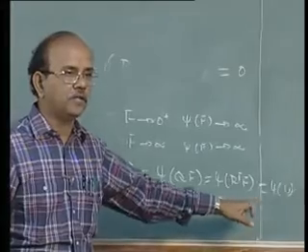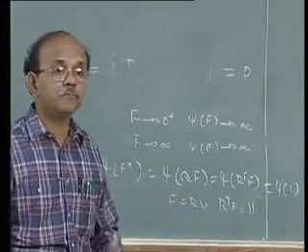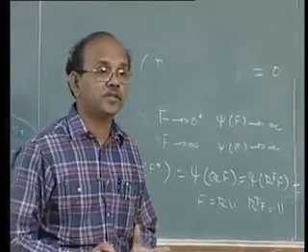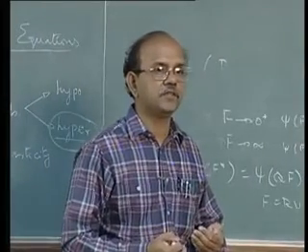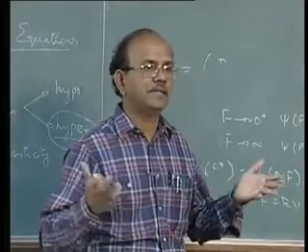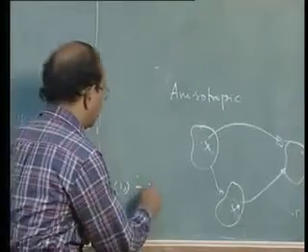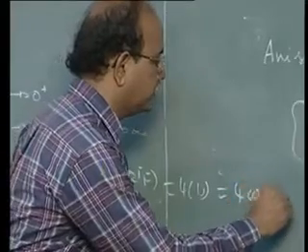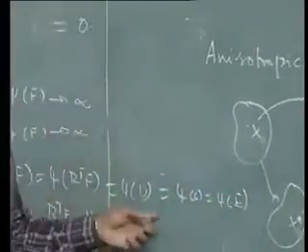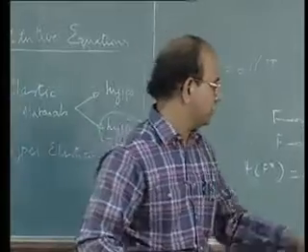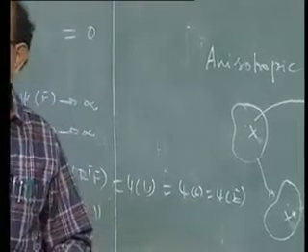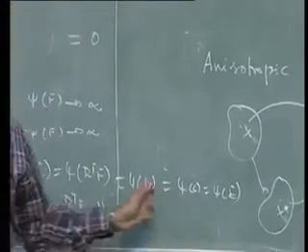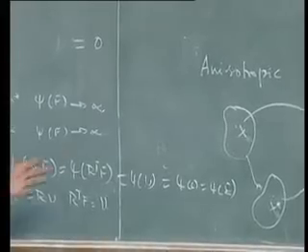Now that we know that the strain energy function is a function of U alone, which means that the strain energy function is a function of C, which means that you can also say that the strain energy function is a function of E. Note that usually we use the same symbol, whether it is C, E, or U. What is C?